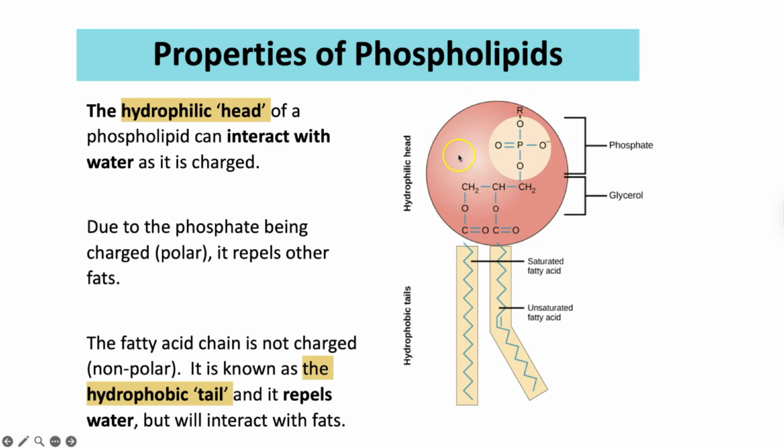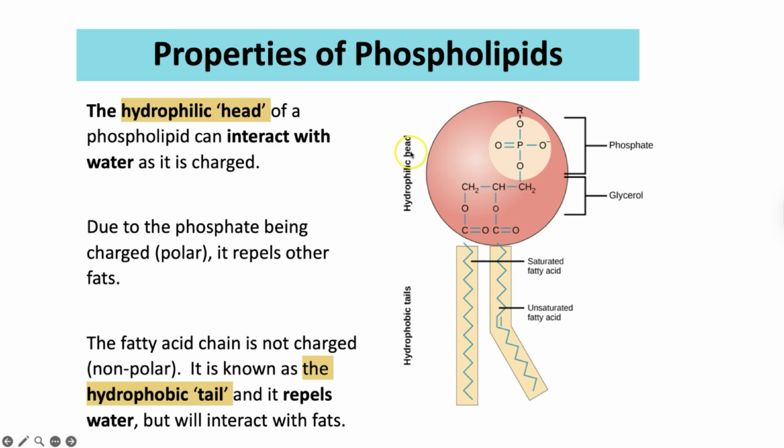So we've got this hydrophilic head that can interact with water but repel lipids. The tails are known as hydrophobic tails. They don't have any charges on them, so they are non-polar. And a hydrophobic tail means it repels water, but it interacts with fats.